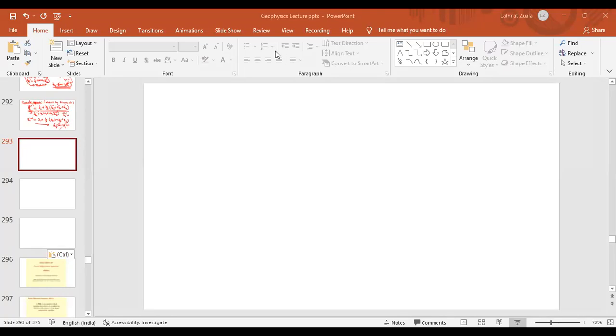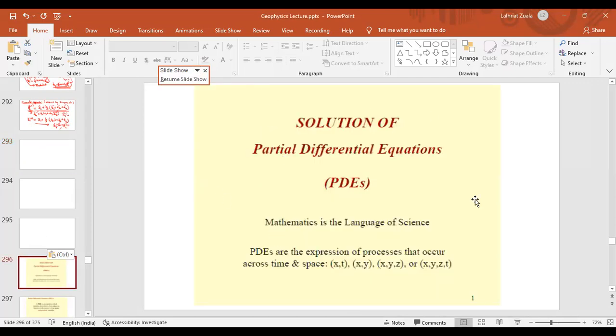Therefore I cannot write anything without my stylus pen. I will use the cursor, but it's very difficult to write with just a cursor.